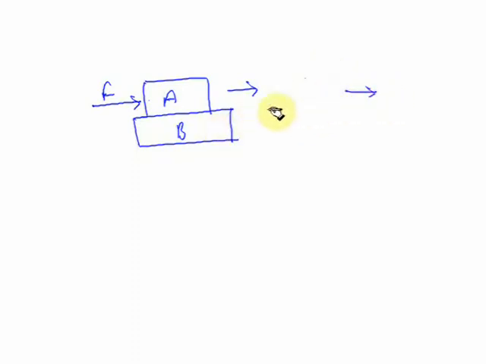Since block A and block B are in contact, the friction force will be applied on block A, and the direction of friction force will be such that it opposes the relative motion, that is the motion of block A relative to the contact, which is block B. So since block A is moving in the right hand direction, the friction force on block A will be in the left hand direction.